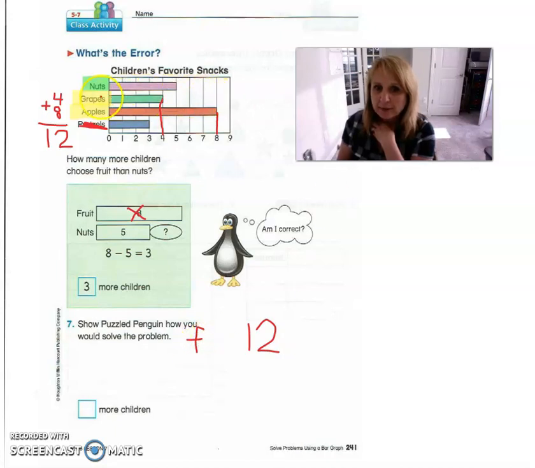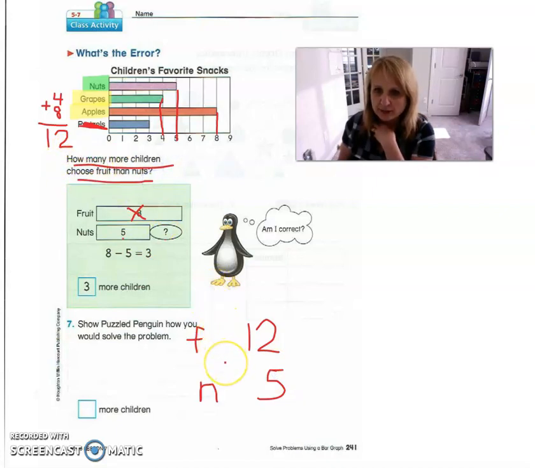And how many children chose nuts? 5. Was he right on that one? Yep. So 5 children chose nuts. I'm going to write it down here with an N. And then the question was, how many more children chose fruit than nuts?